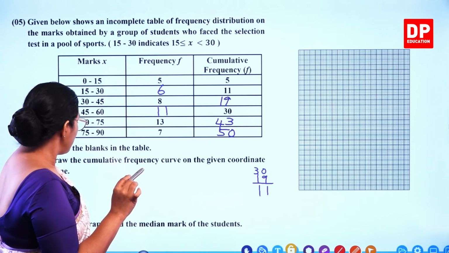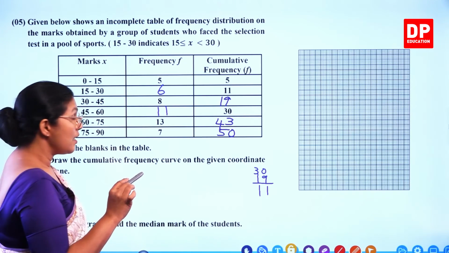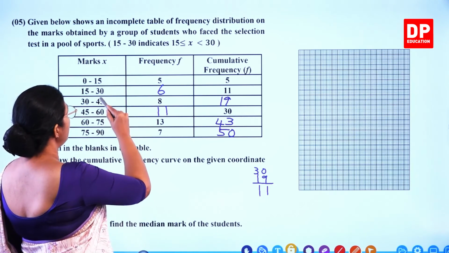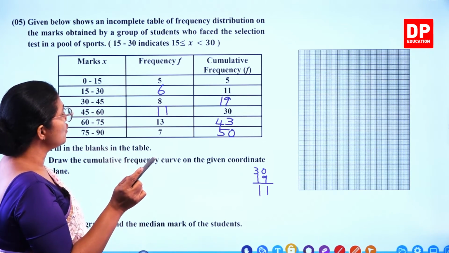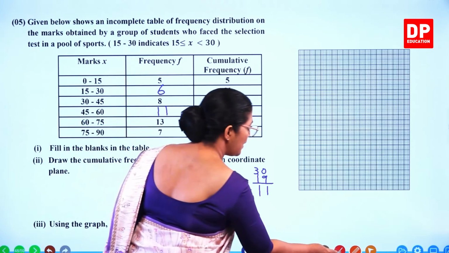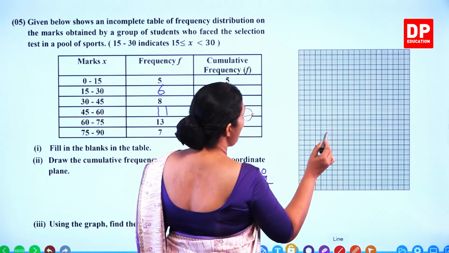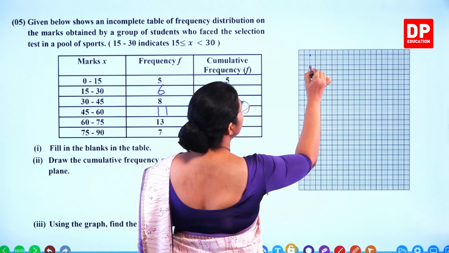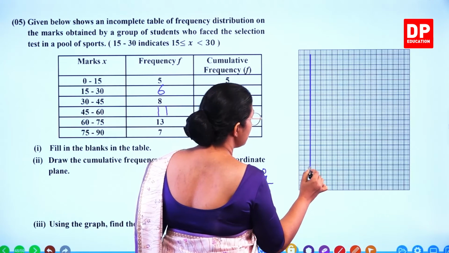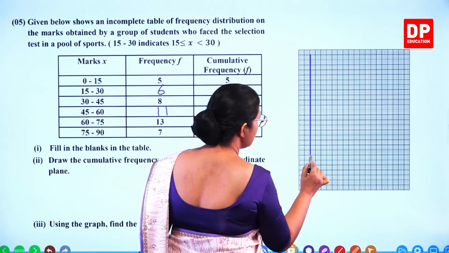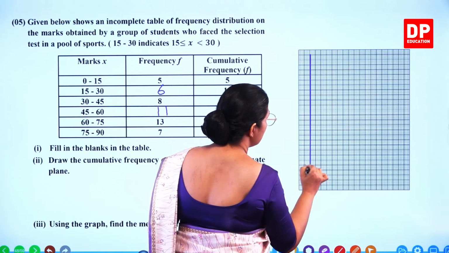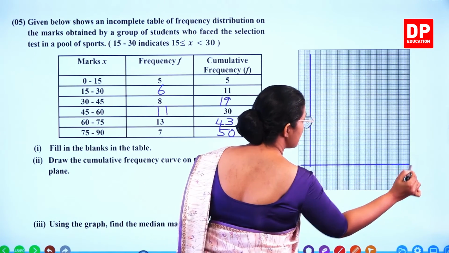Now we'll try to draw the cumulative frequency curve. When you are drawing the cumulative frequency curve, you have to take the highest boundary with the cumulative frequency. So the value is up to 50, so we'll scale it first. This one is the y-axis and this one is the x-axis.